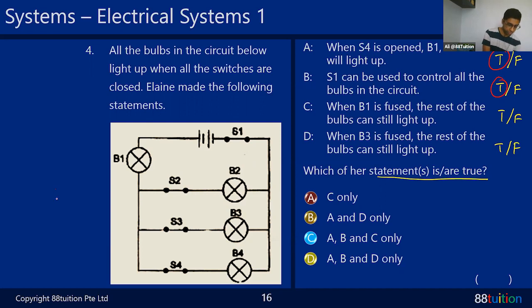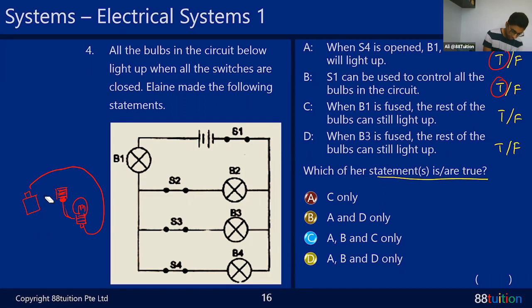What happened is fuse is the filament actually blows, but the connection is still there, right? Connection is still there. So therefore, it doesn't matter what happens here. Even if you take that away, the connection is still having a battery here, and it's running through here, and there's a metal contact here, and you can run to the next bulb, which can switch on. Okay, as long as it complete here.